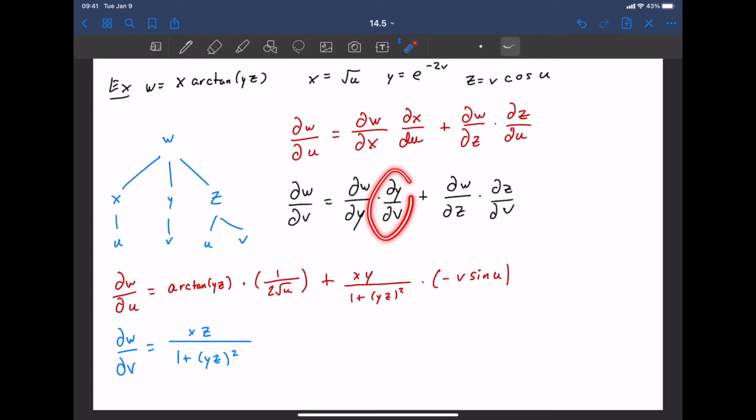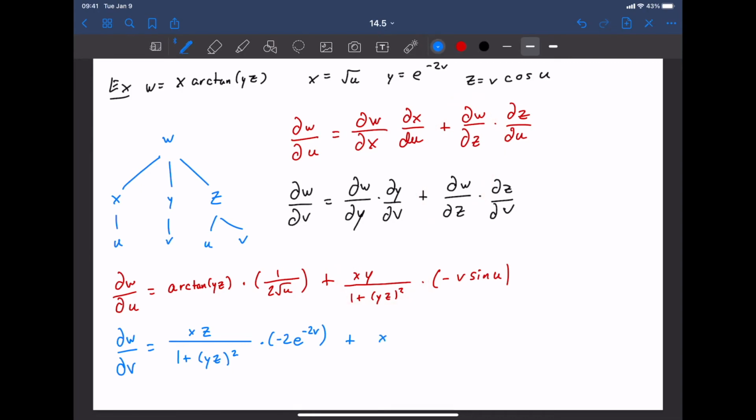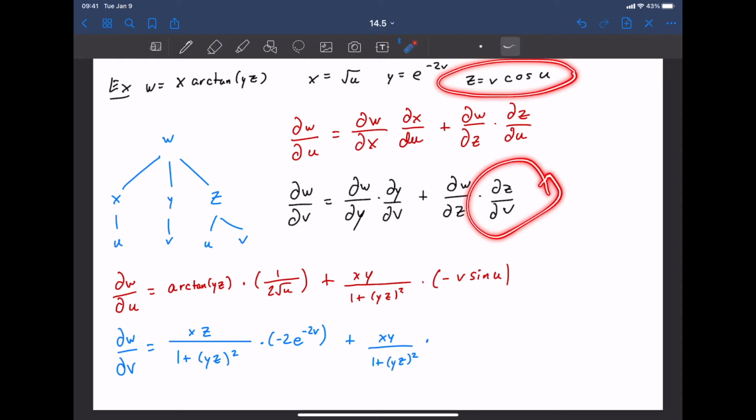Now we're doing y with respect to v, times -2 e to the -2 v. Plus, again, these two are exactly the same. You already did that one. Should be no big deal. xy over 1 plus yz squared times, and now we're looking at z, but with respect to v.